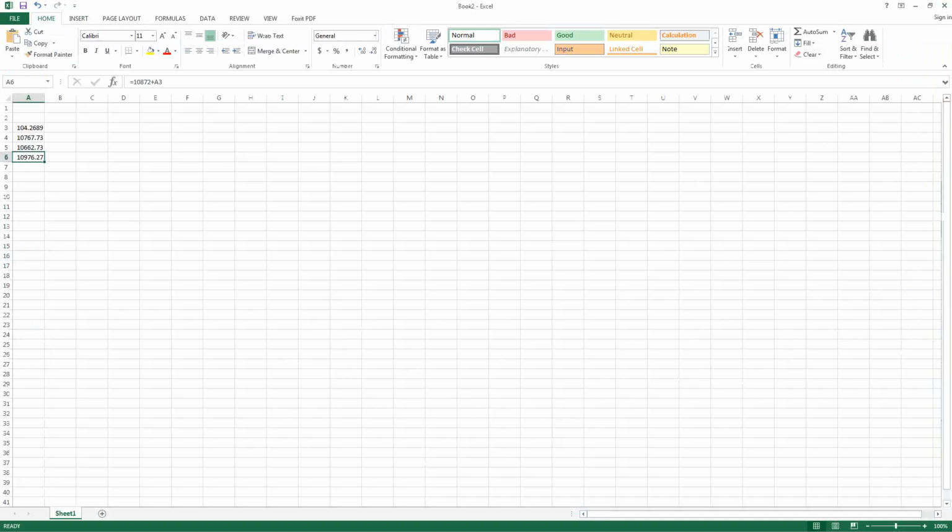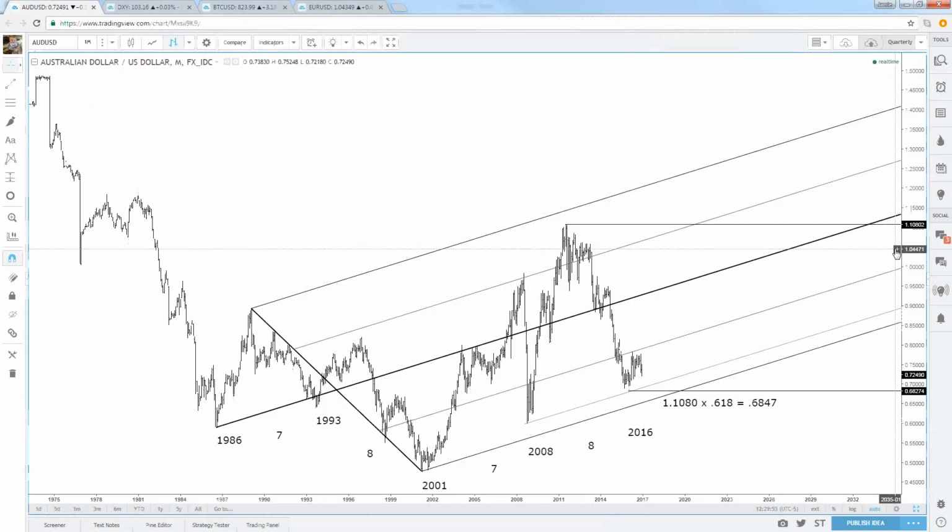That means there's an absolute retracement of 0.618. What we've got here for Aussie is 110.80 times 0.618, which means 68.50, or 68.47, is the 38.2 retracement of the entire rally. In other words, it fell 38.2%. Well, the low was 20 pips below that. Pretty good as far as being a precise level, I'd say.